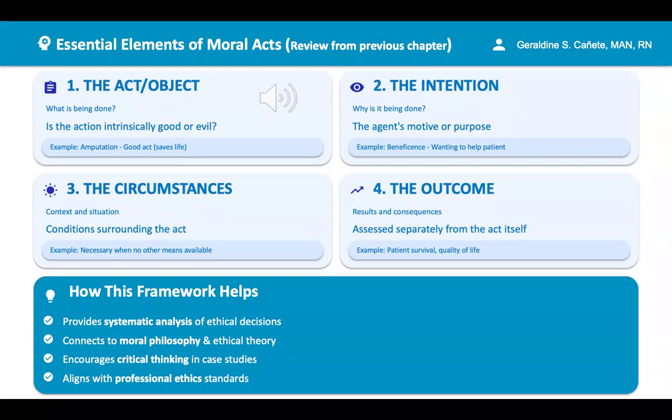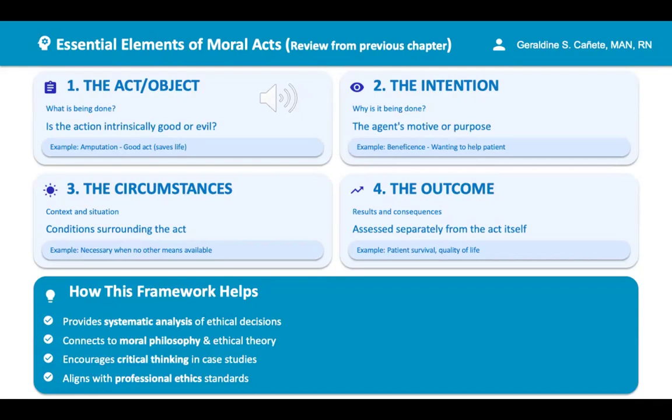Now the question to ask is how this framework helps. Okay, this framework is not just an abstract exercise. It's a practical tool that can help you to make sound ethical judgments in complex situations. It provides a systematic analysis of ethical decisions, connects to moral philosophy and ethical theory, encourages critical thinking in case studies, and aligns with professional ethical standards.